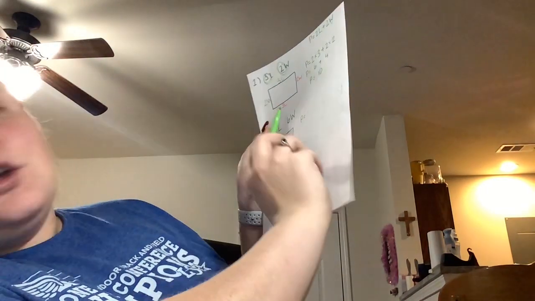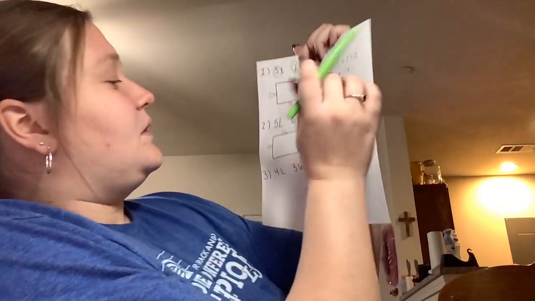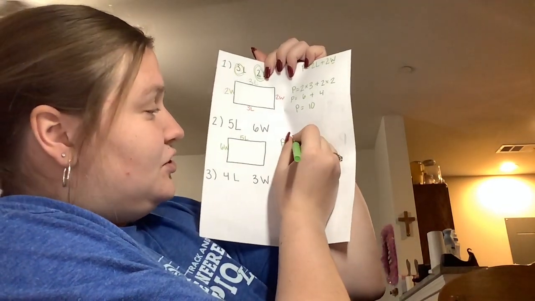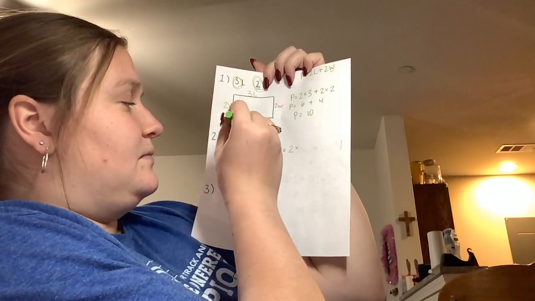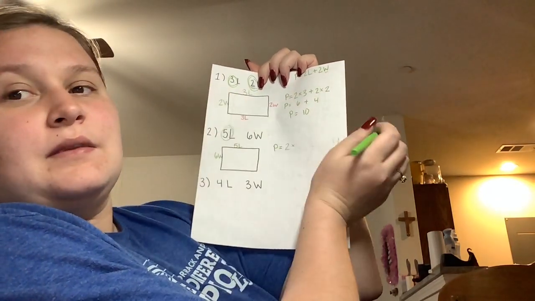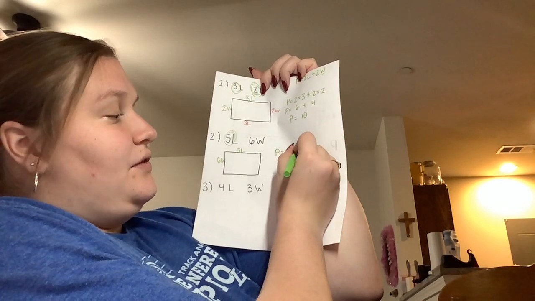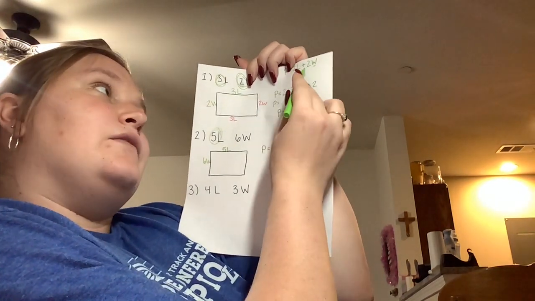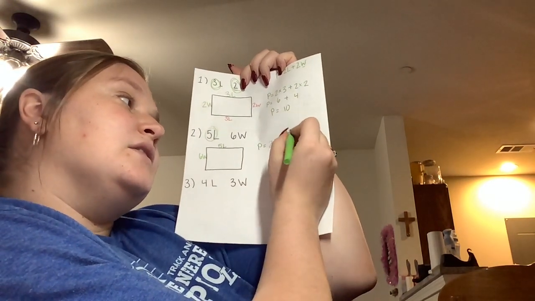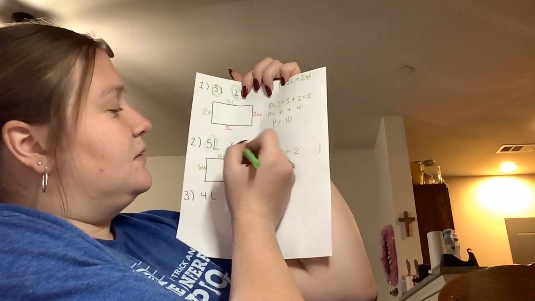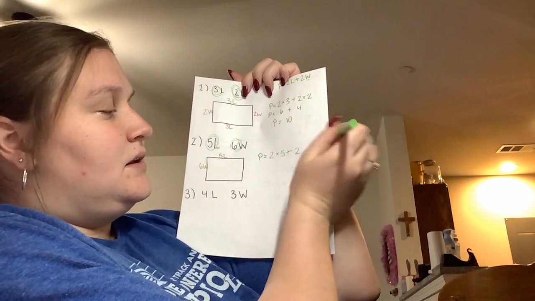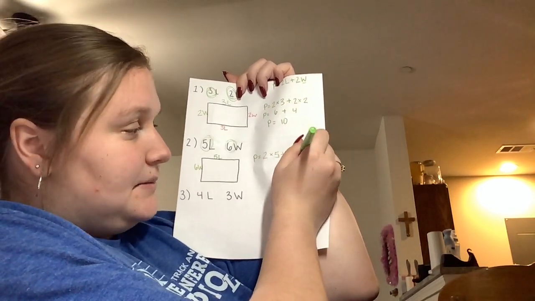But let's fill out this formula again right here on number 2. So we have 2 times, what is our length? 5. And then we have plus, keep our 2. What is our width? 6.